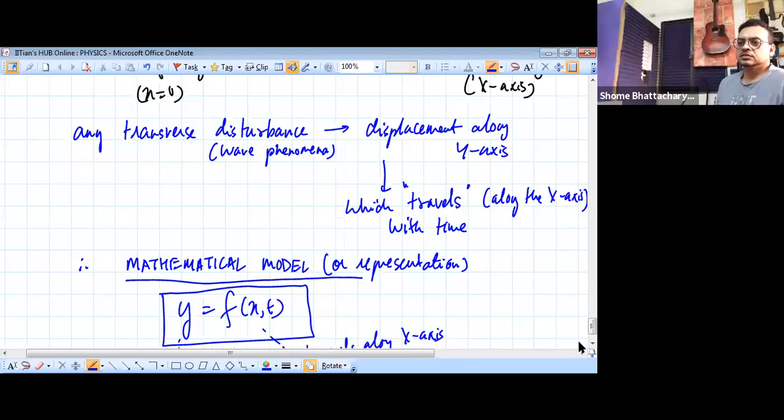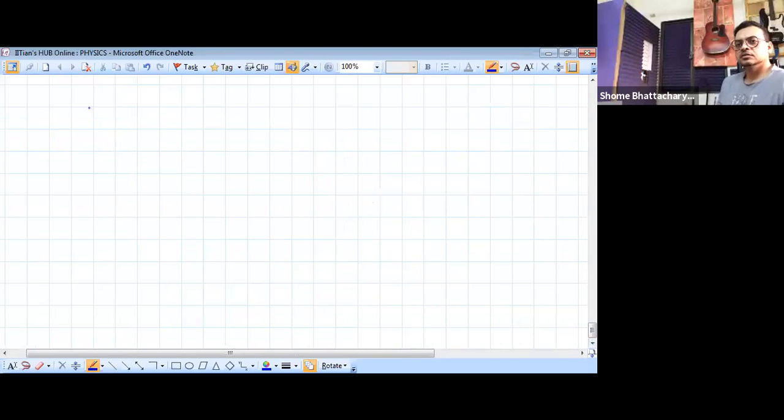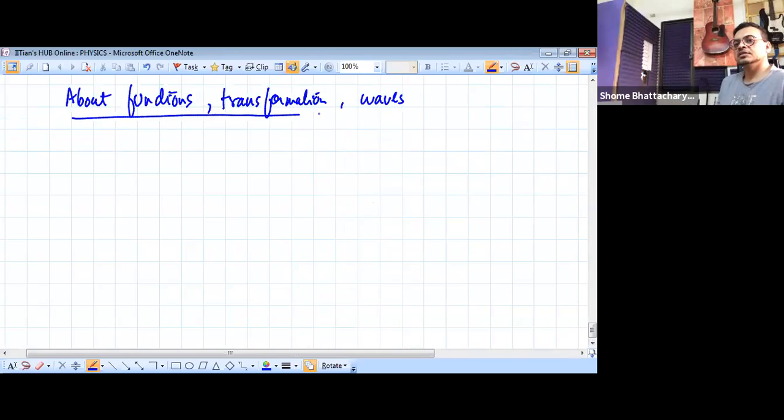So let us look at functions, transformations, and waves. Let's understand about this stuff. So, for example, we have the function, suppose y is equal to, let's say, 4 minus x square.